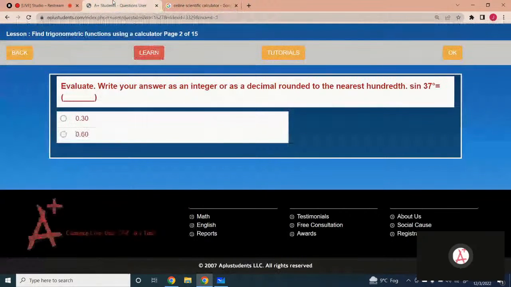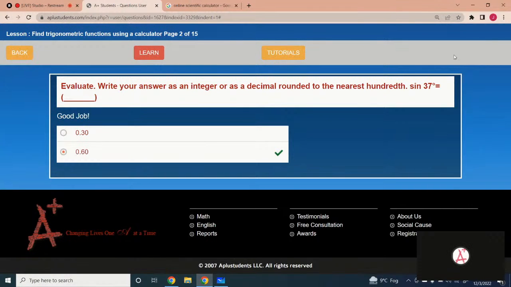Okay, let me just use the calculator. Sine 37. You can just type the number on the calculator, click on the sine function button, and then type the number 37. So sine 37 is 0.60. The correct option is 0.60. Just select the correct option and click on the OK button.